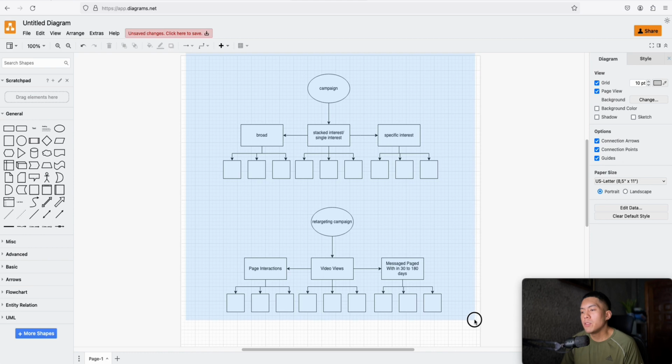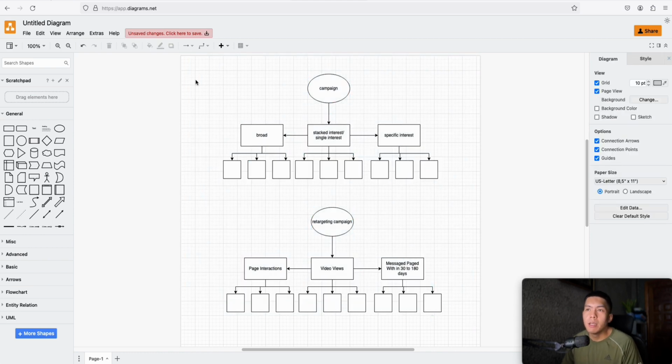So those are my strategies. Honestly, guys, there's not really a perfect strategy to structure your campaign for each business, because results and stats fluctuate and vary.